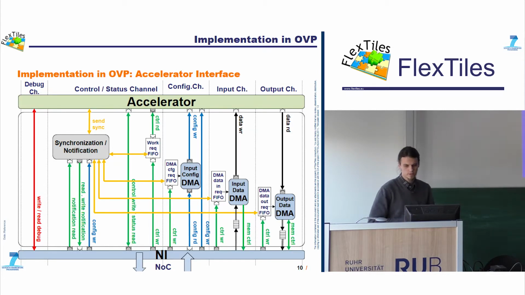So next up is the accelerator interface. Here we see the actual accelerator interface with all the channels and everything. And you see, this can get quite complex again. But for us in OVP, we can keep it simple. We just need to comply with the driver code, so it gets accessed exactly the same as on the platform.